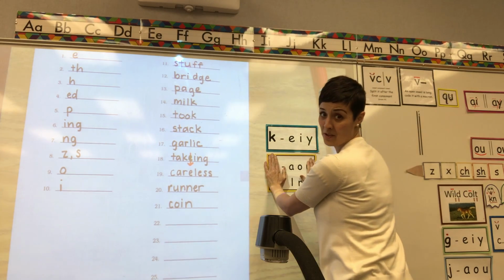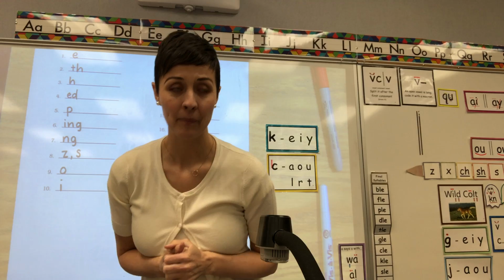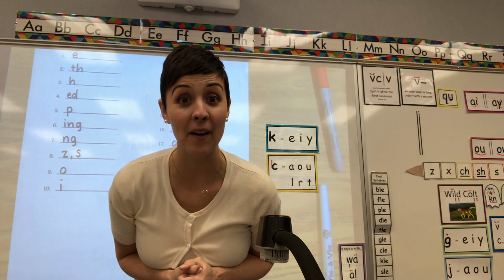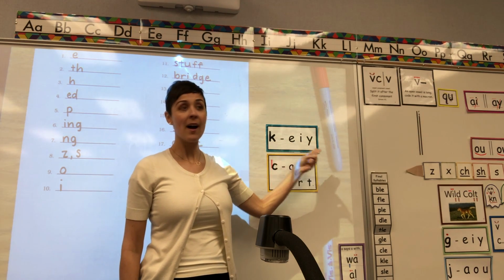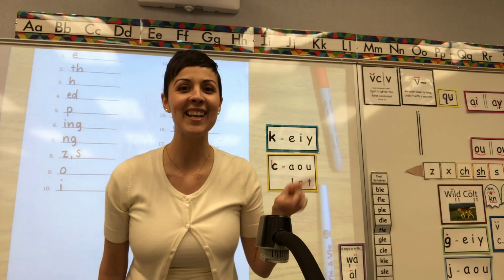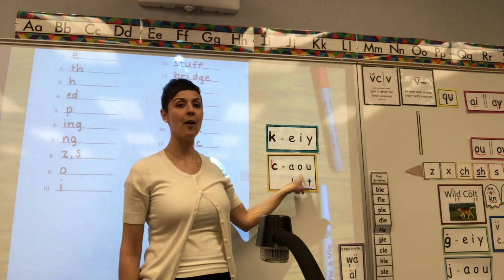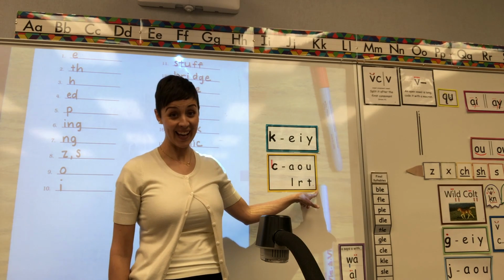Even though it was so long ago, I want to see if we still remember our song that went with it. It was to the tune of Row, Row, Row Your Boat, and we said, use K with E-I-Y, K with E-I-Y. Only use the letter C with A-O-U-L-R-T. Do you remember that?